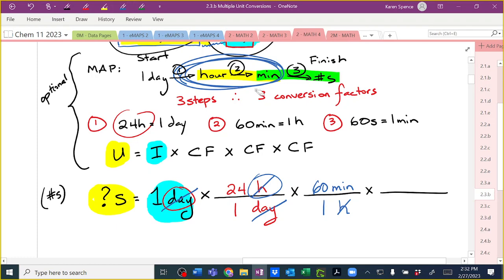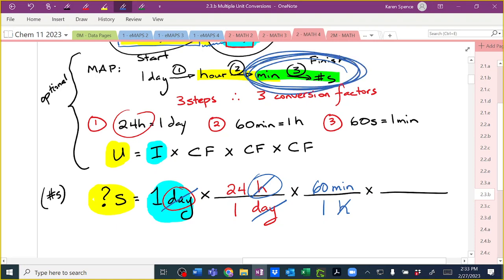And finally, we're going to go from the minutes to the seconds. So the minutes have to go on the bottom so that they will cancel out with the minutes that are on the top. And our seconds are going to go on the top, and that's good because that's what we were looking for, and that's what we ended up with. Okay, and you put in your numbers.